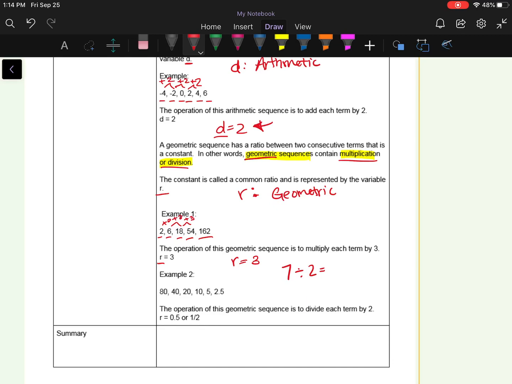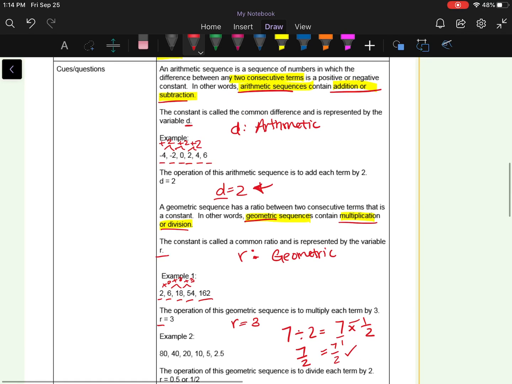Is 7 divided by 2 the same as saying 7 times 1/2? And the fact is it is true, because 7 divided by 2 looks like this. When you're multiplying whole numbers and fractions, you turn the whole number into a fraction and multiply straight across, which would be 7 times 1 equals 7, 1 times 2 equals 2. So it is true. You can express division as multiplication of a fraction or a decimal.